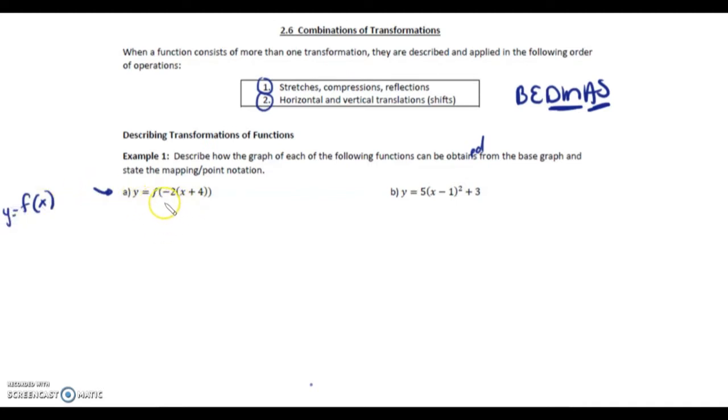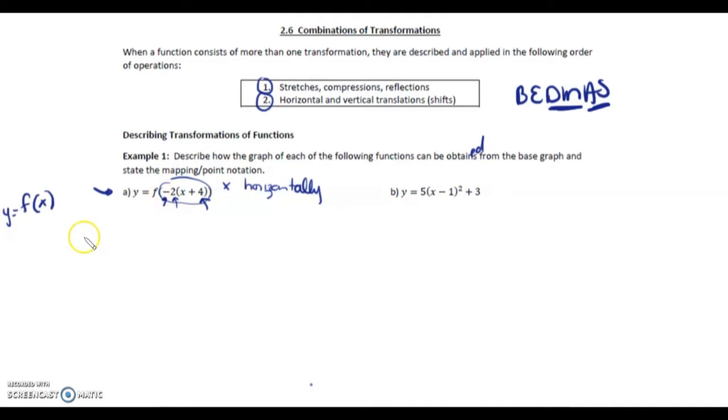So if we look at the positions of these transformations, we are going to get a transformation with this negative sign. Then we're going to get a transformation with the 2, and we're going to get a transformation with the 4. Okay, so all of these are around the x, so all of them are going to affect the graph horizontally.